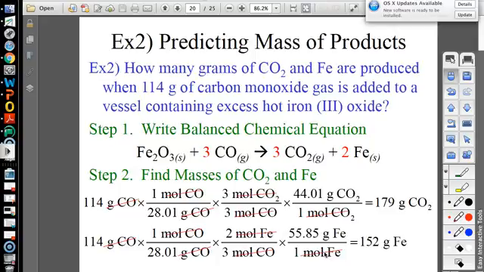Sodium carbonate has no hydrogen, and bicarbonate has hydrogen, and that's why we have 1 there, and here we're going to put 2 there.